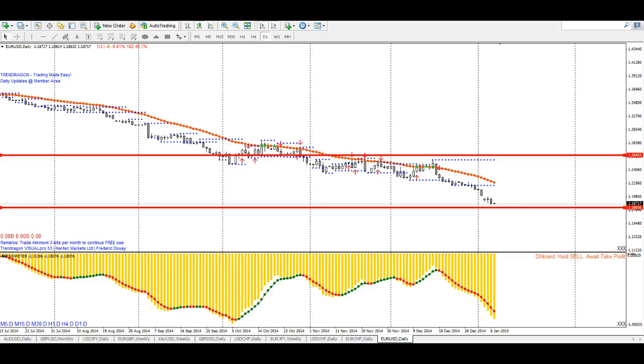The best case scenario is for us to wait on the daily chart for it to retrace either to this level or all the way to this level. Possible because this is a level of resistance that has been created here.